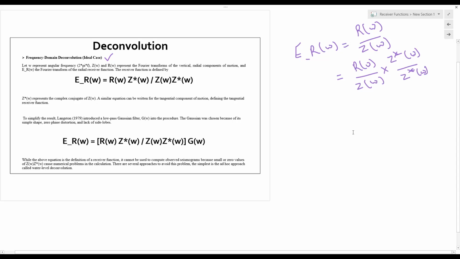So sometimes you may think, why are we deconvolving the vertical component from the radial component?